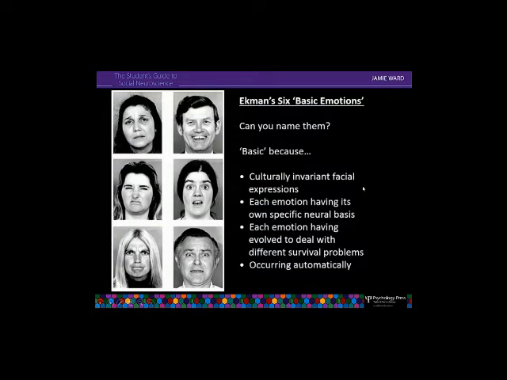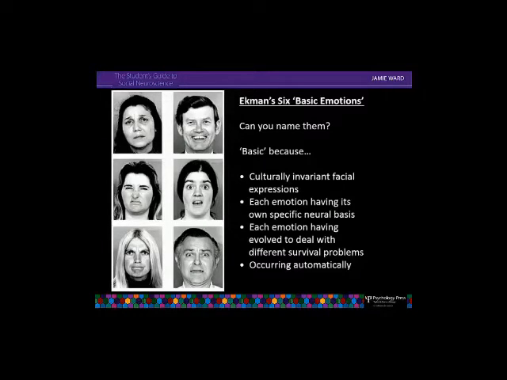In his original theory, but also subsequently, he added a number of other criteria. So having its own specific neural basis. In a way, I guess his logic is that in order for these to be conserved and innate and distinguished from each other, that must be true. Actually, the evidence for it is not clear-cut at all.